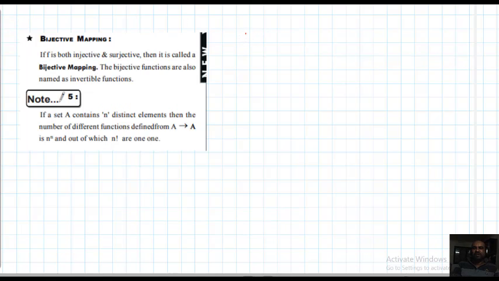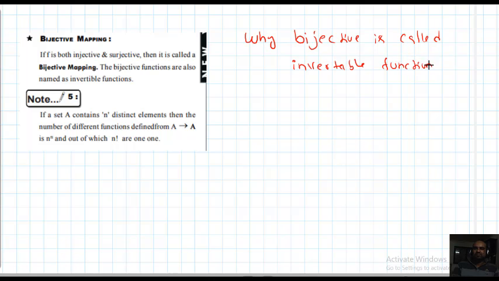Next one is why bijective is called an invertible function. This is an interesting thing. Why is it called an invertible function?